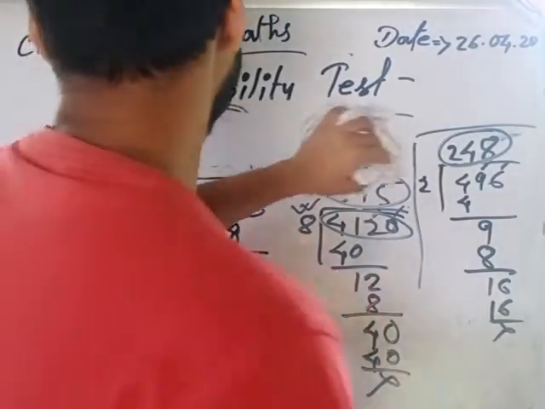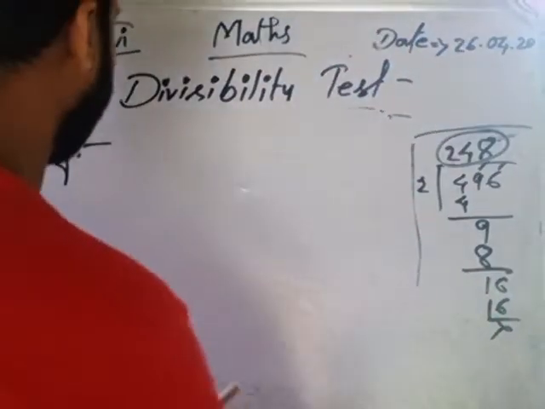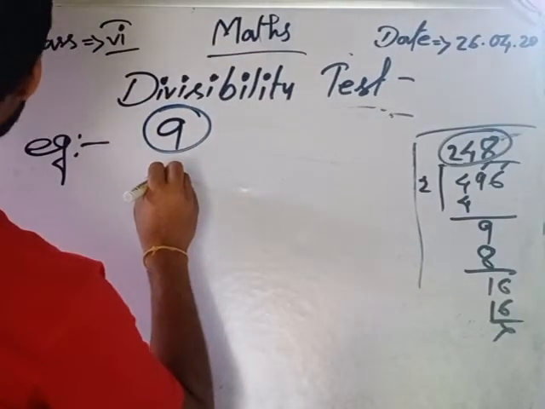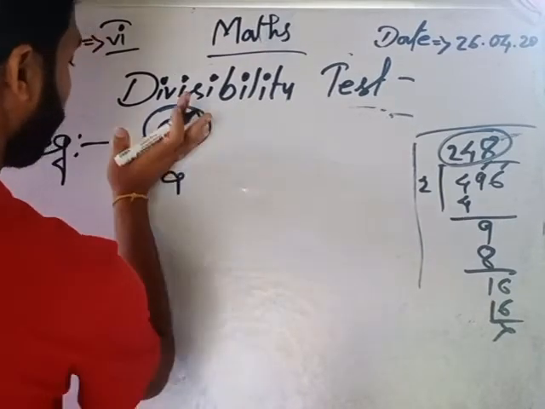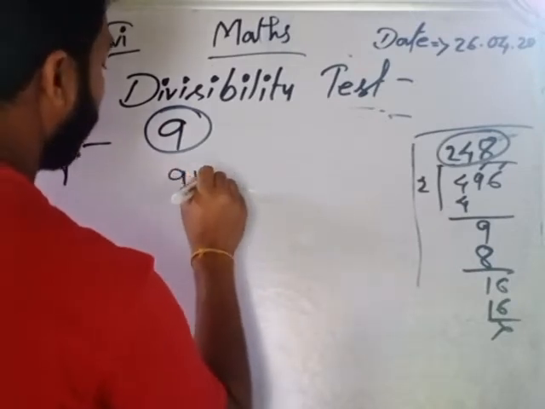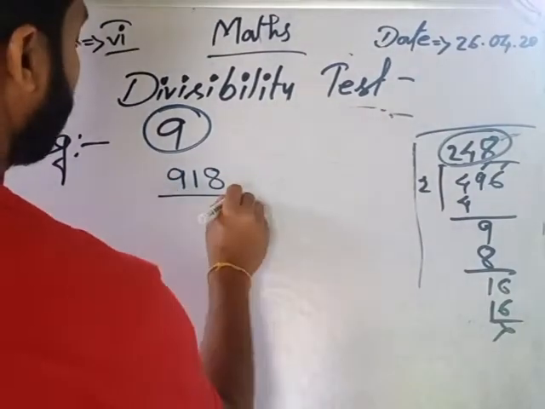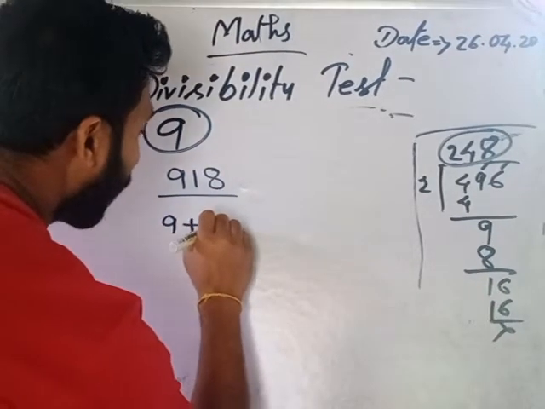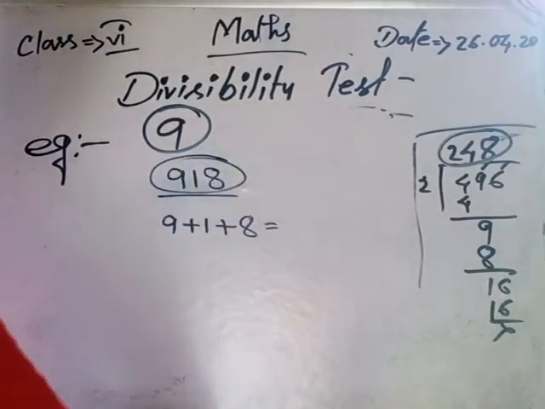Okay, 9. Divisibility test of 9. Suppose it is 918. If the sum of all the digits is divisible by 9, then this number is divisible by 9.